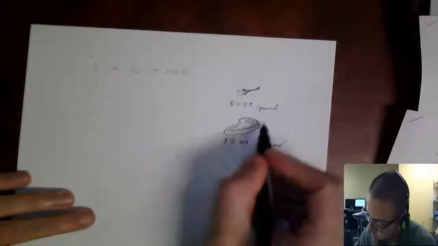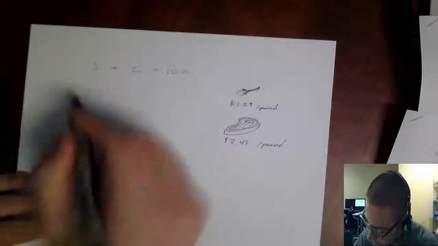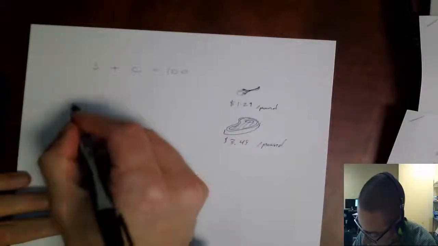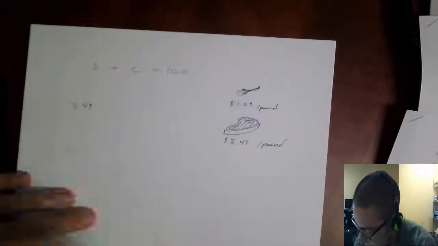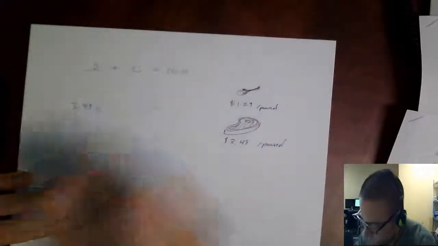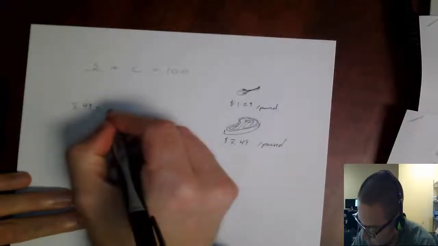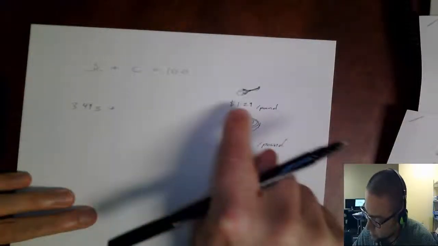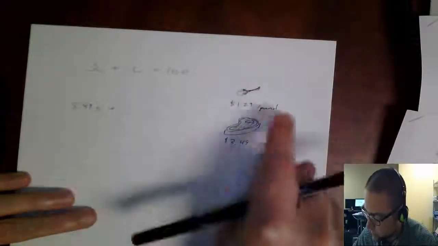So the cost of steak is going to be $3.49 times the number of steaks. We'll call the number of steaks S. So $3.49 times S would be the cost of the steaks, plus $1.29 per pound for chicken. So for 1 pound it'd be $1.29, for 2 pounds it'd be 2 times $1.29.